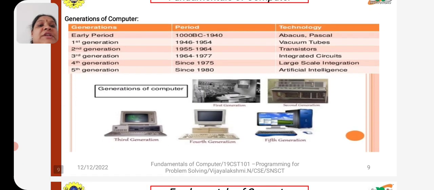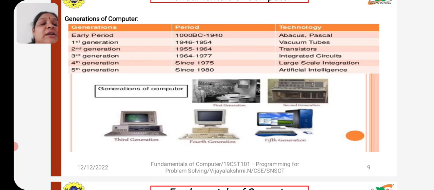So these are all the generations of computer. In the early period, the first generation came to prominence in 1946 to 1954. They named it vacuum tubes. Second generation computers came in 1955 to 64, with transistors, and 64 to 77 integrated circuits. Since 1975, large scale integration.